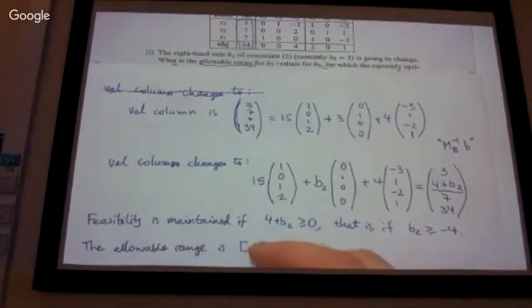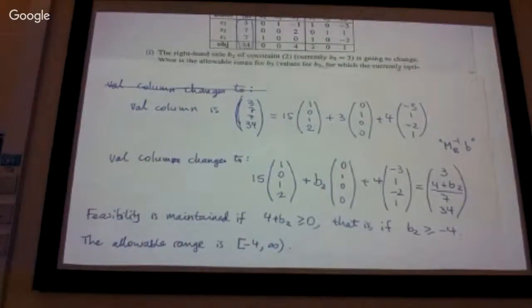So anything from -4 to infinity. So that solves part 1.